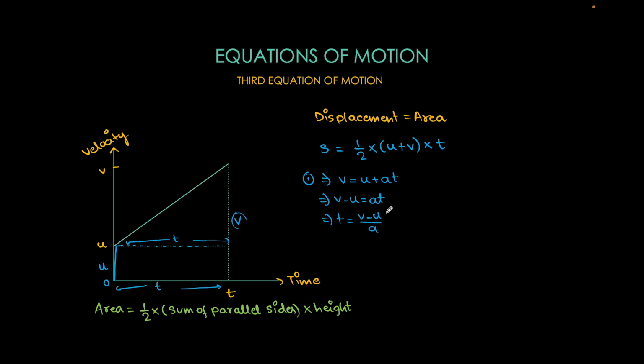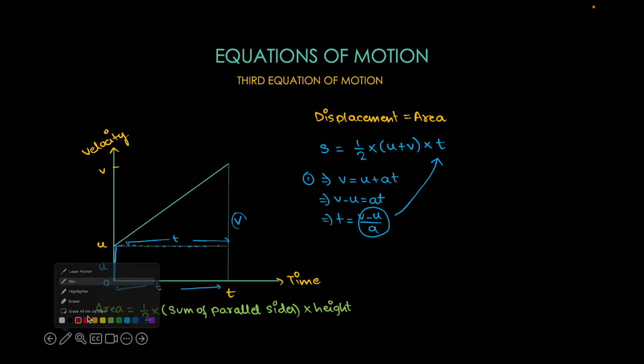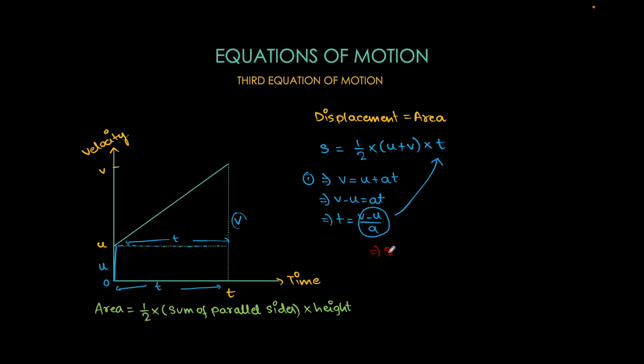Now if we replace this value of t here, what do we get? So what we get is that s is equal to half into u plus v into v minus u divided by a.